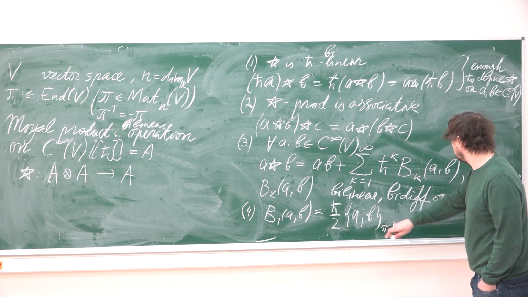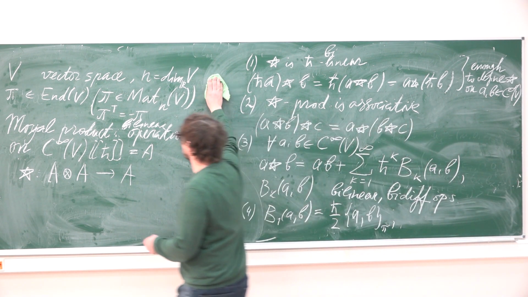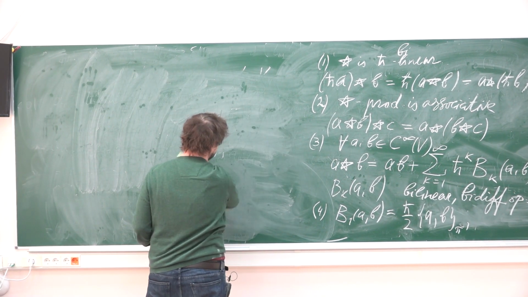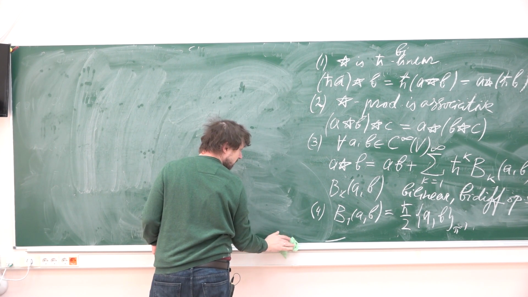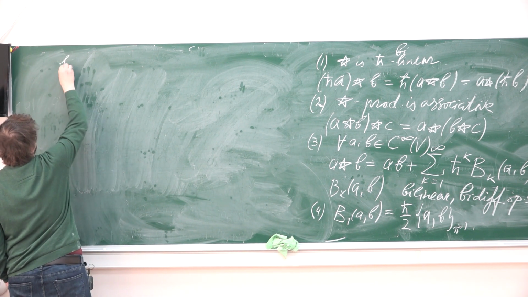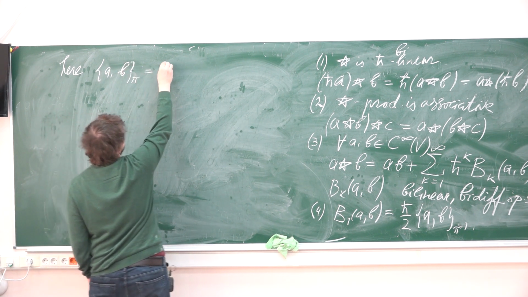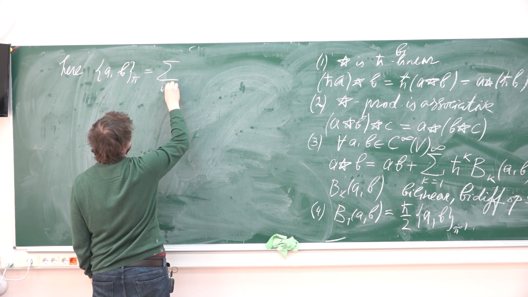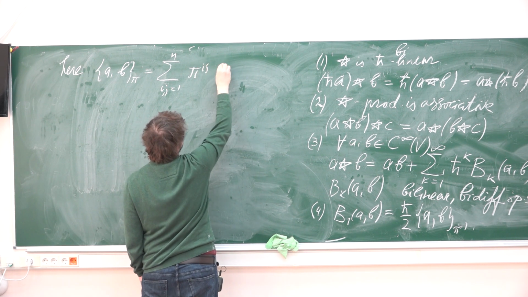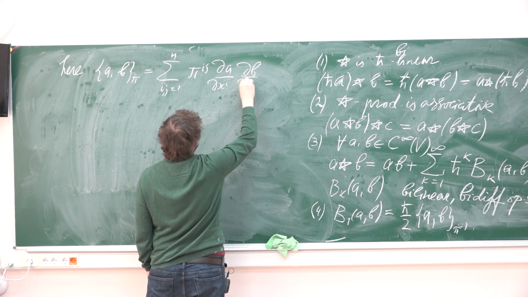So let me use pi here and then expand this formula to explain the definition of the Poisson bracket. Here, the bracket of A and B sub pi is equal to the sum over i and j from 1 to n of pi_ij dA/dx_i dB/dx_j.